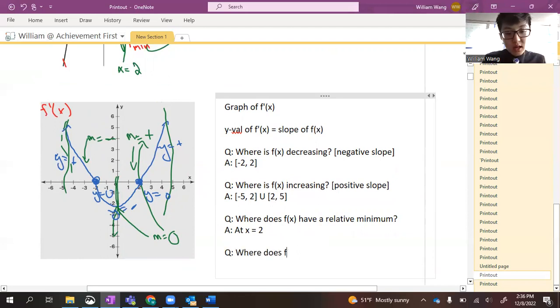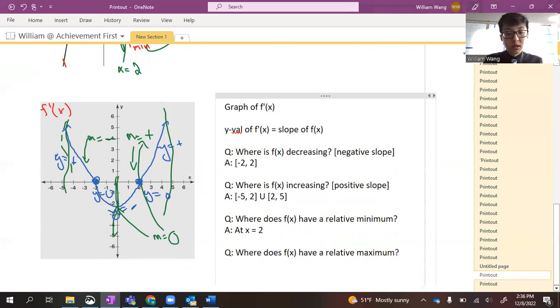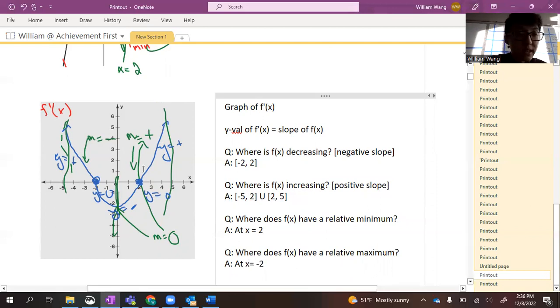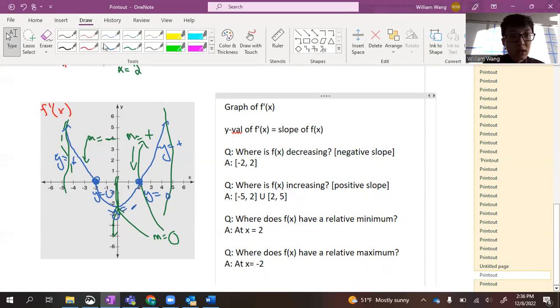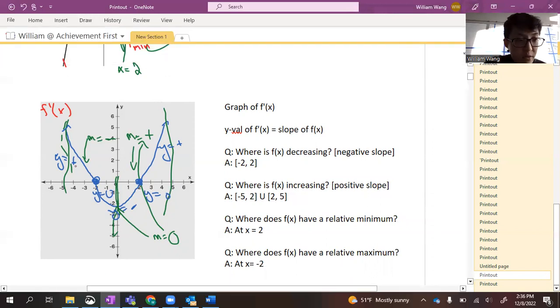Question, where does f of x have a relative maximum? Think about that for a moment. Try to answer it yourself. Where does it have a relative maximum based on this graph? It's going to have a relative maximum at, and hopefully you answered it, x equals -2. And the reason it has a relative maximum at x equals -2 is because the y values here go from positive to negative, right?